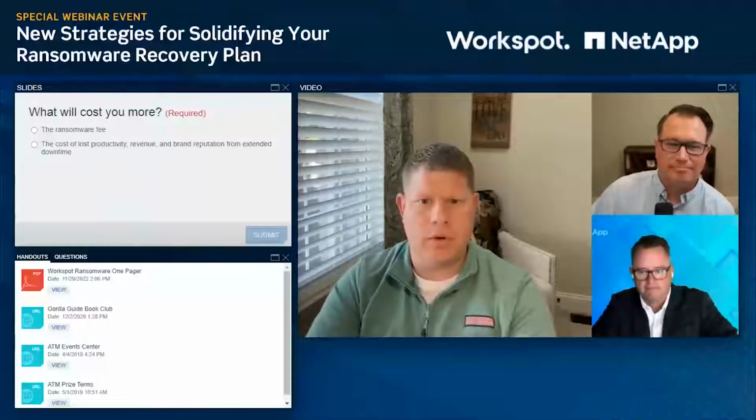I'm going to go with the cost of lost productivity, revenue, and brand reputation from extended downtime, because one of the things that gets lost, and we talked about this a little at the beginning, is the insurance company and what they cover and what they do not cover. I think one thing that gets overlooked all the time is that insurance carriers are not going to cover that loss of productivity.